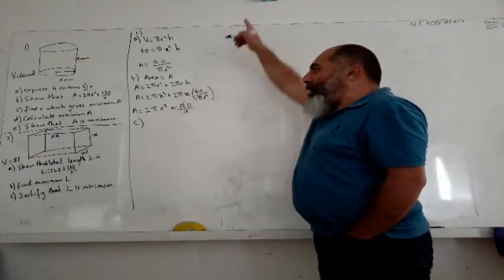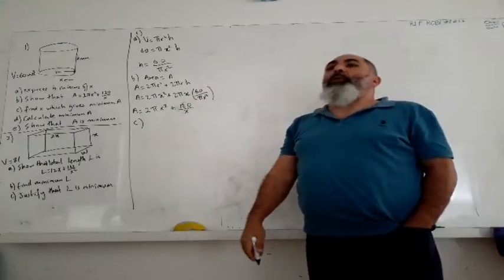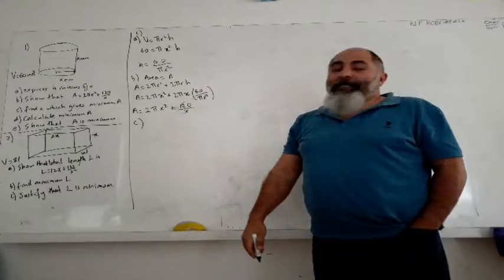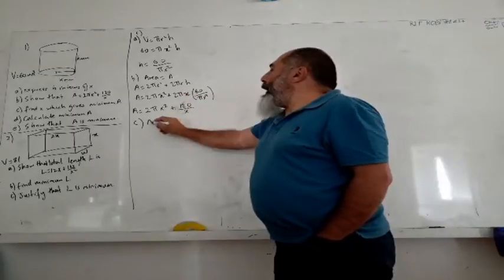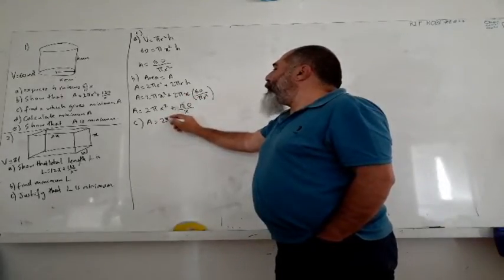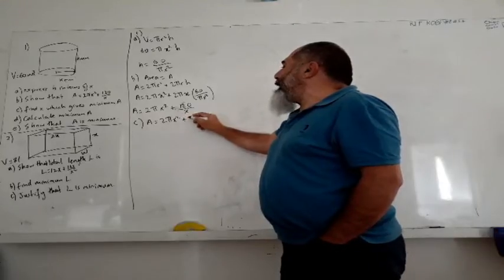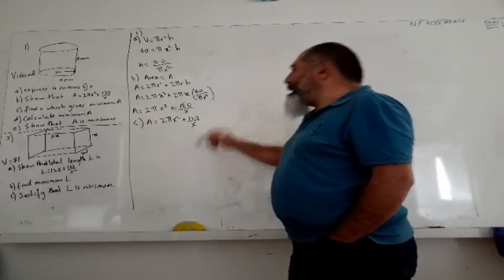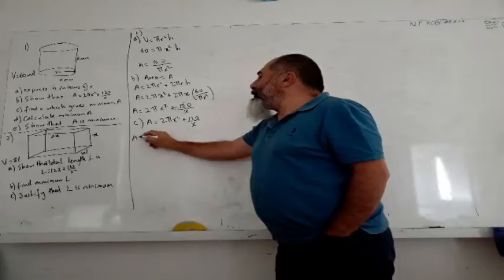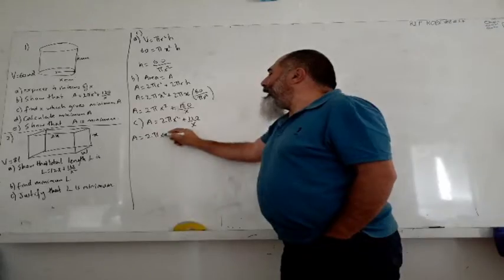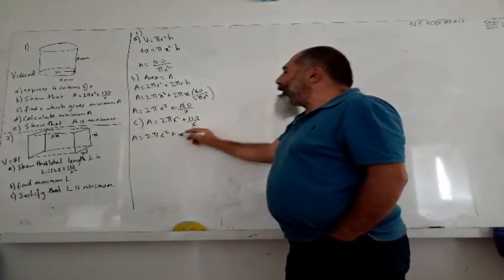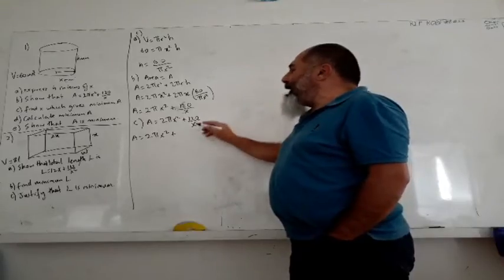So A is 2 pi x squared plus 120 over x. To be able to differentiate much more easily, I am going to write 120 over x as 120 x to the power of minus 1.